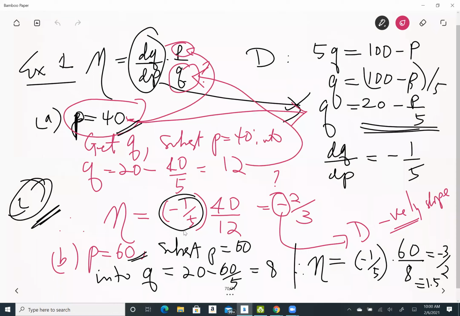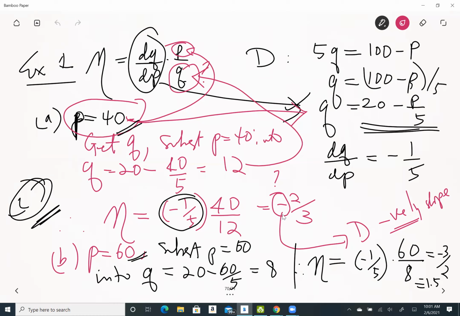And as we know, since the slope of the demand function is negative, the elasticity of demand would be negative. So if the price goes up by 1%, here, 2/3, what percent? 2 divided by 3 is about 0.67. So what does it mean?